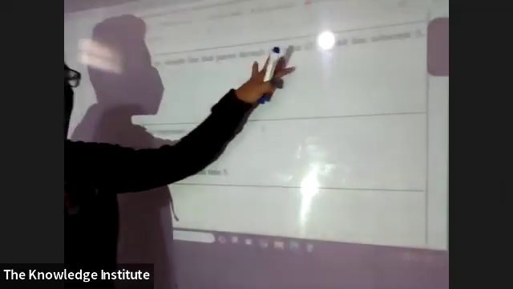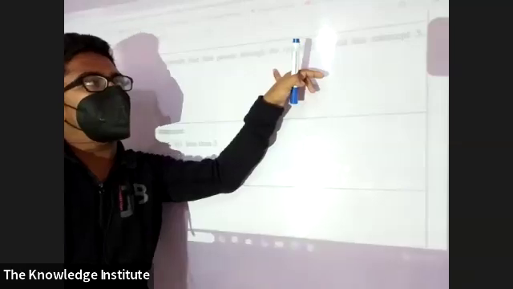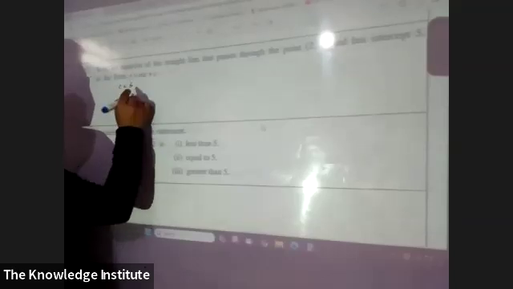So let's try to do this. Write the equation of the straight line that passes through the point (2, 1) and has a y-intercept 5, in the form of y equals mx plus c. Here the intercept is given and the point is given, so since we know c equals 5, I can write this equation as y equals mx plus 5.